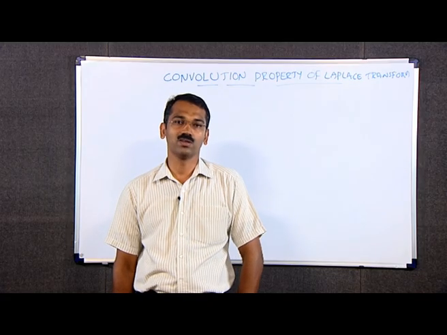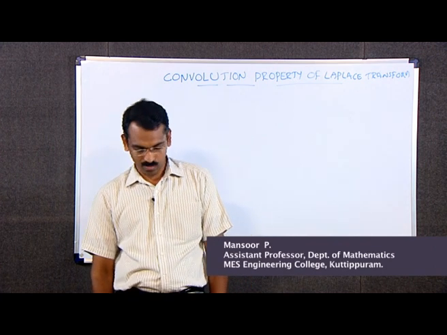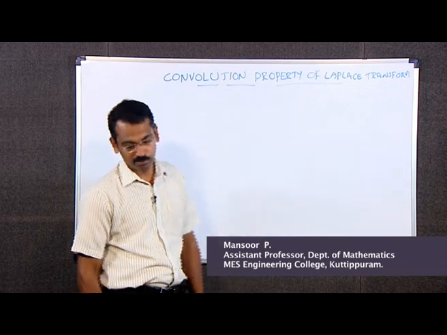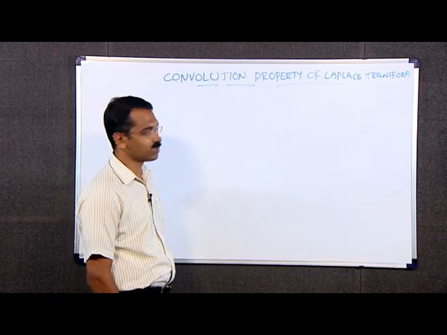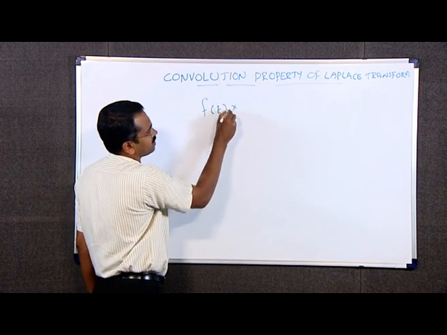Welcome to this session on convolution property of Laplace transform. The convolution of two functions f of t and g of t is denoted by f of t star g of t.